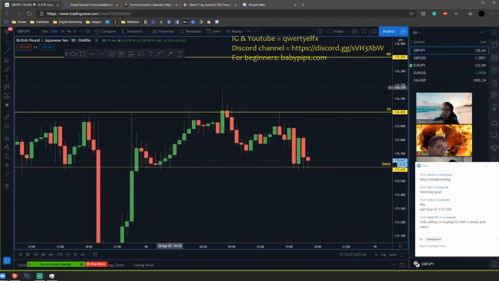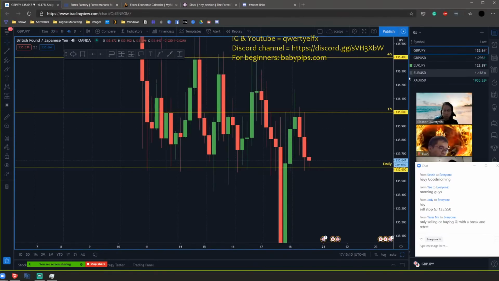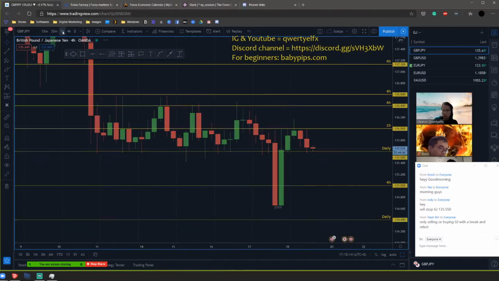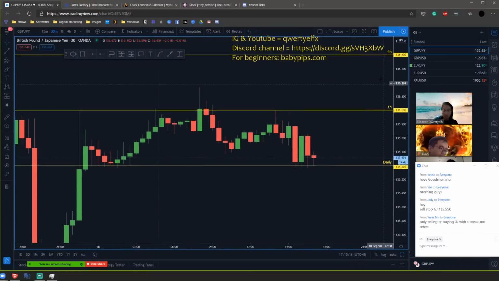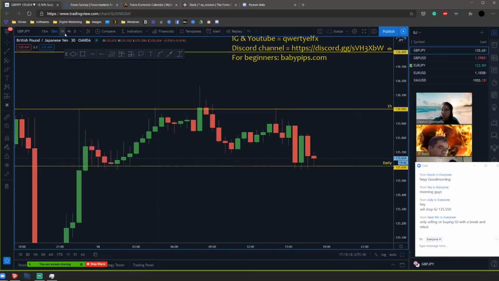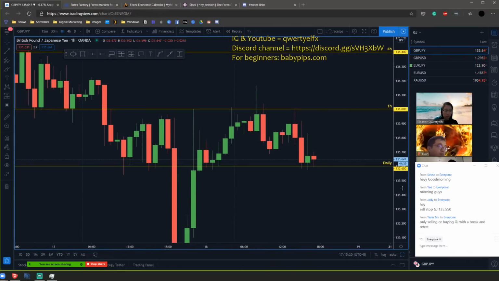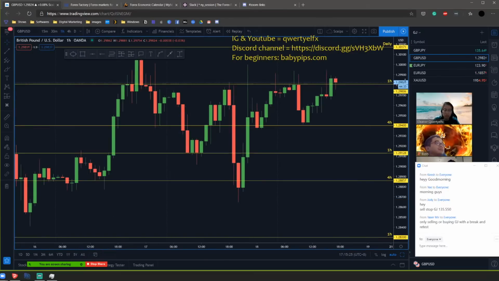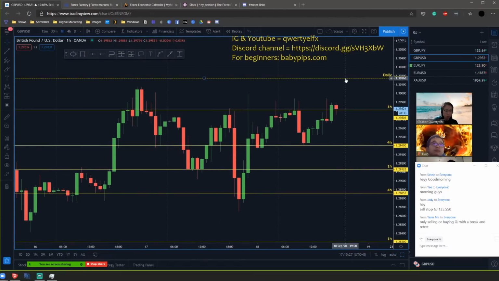So Luca, I think you joined a bit late. For GJ right now, it's definitely chop on the higher time frame. It's ranging between this area here. I don't have a clear bias on it, but based on what GU is doing, potentially I see that it wants to come up. So GJ is not clear yet.